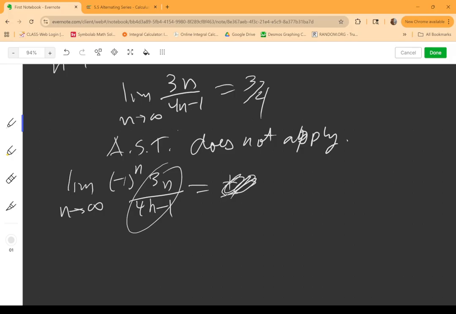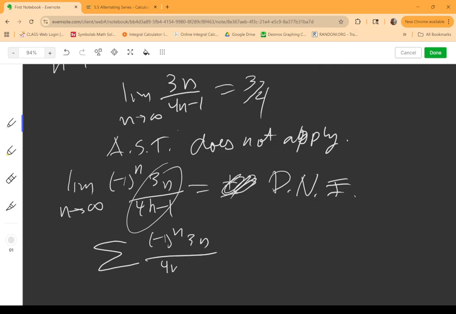So what's happening here is that the limit actually does not exist, and therefore our series diverges. But in this case, it diverges because of the divergence test.